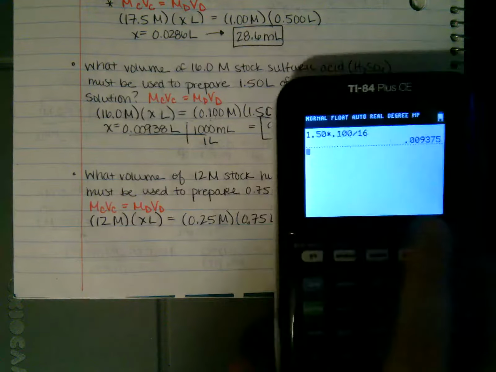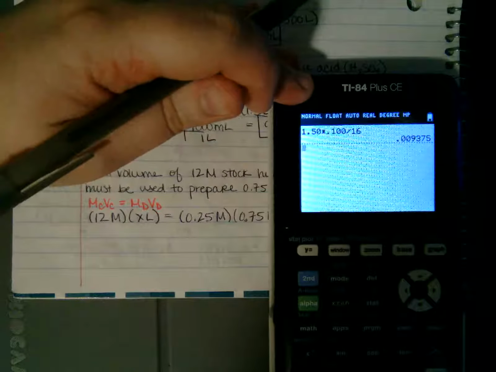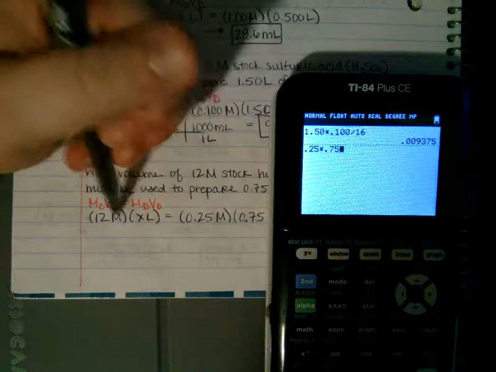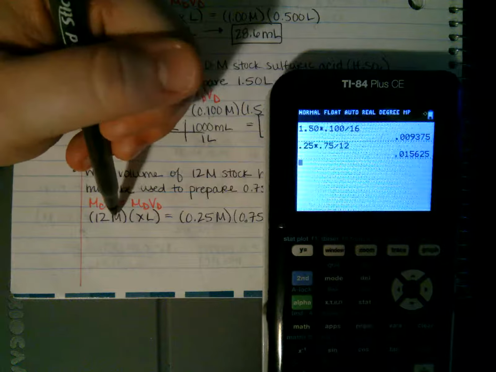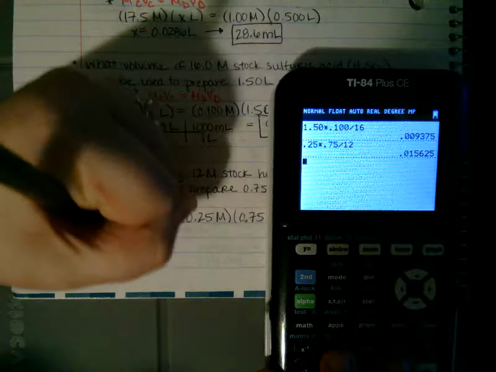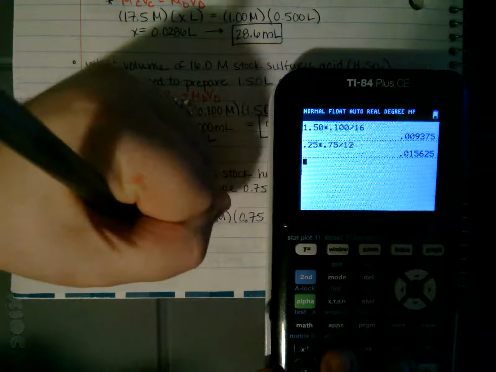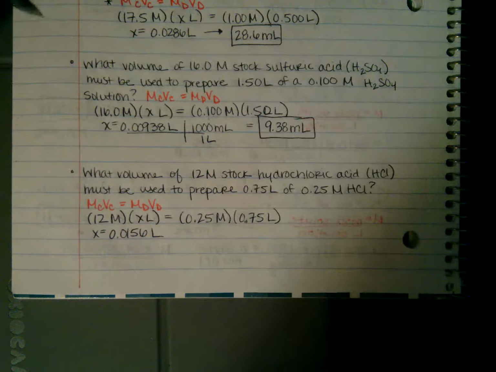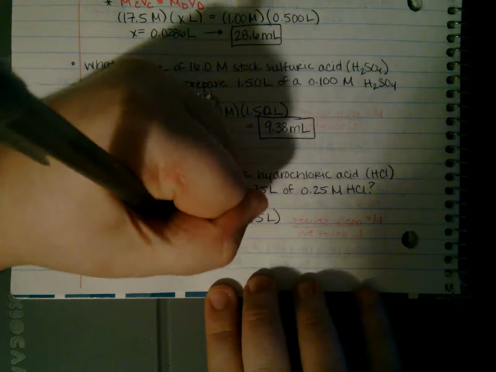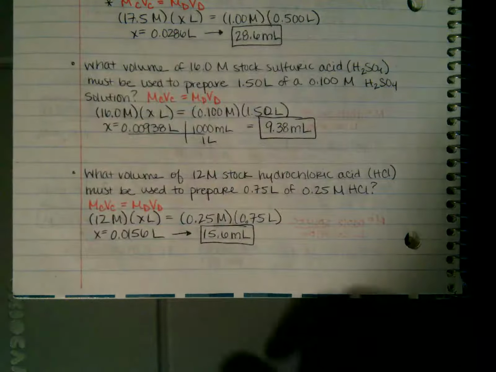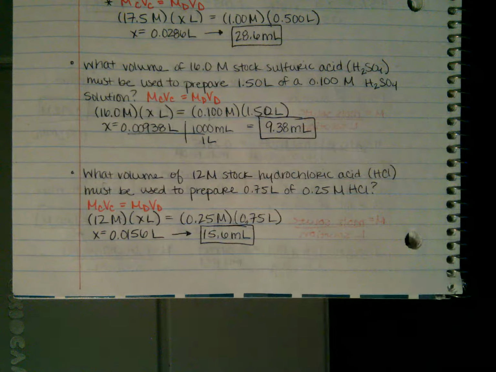So if we do our algebra, you're going to need to take 0.25 times 0.75 divided by 12. And you get that x is going to be equal to 0.0156 liters. Again, easier to measure that in a lab in milliliters. And we would need 15.6 milliliters of our stock solution.